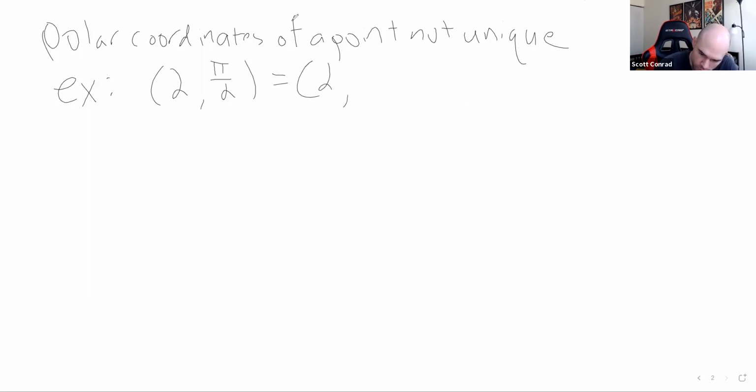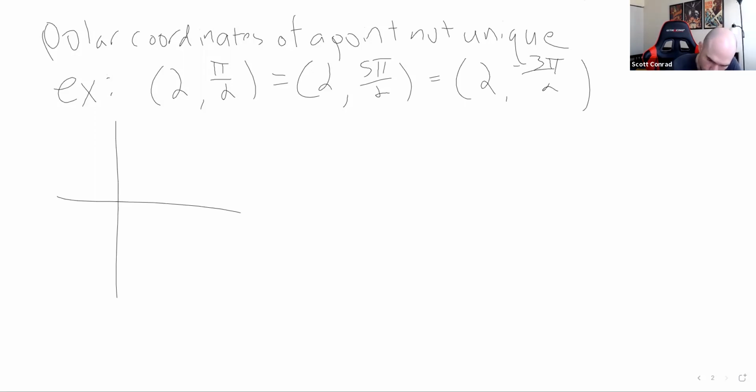So to 5 pi over 2, or to negative 3 pi over 2, right? We subtract 2 pi from it. And those all give the same angle. So that's going to be the point, as we'll see in a second, 0, 2.